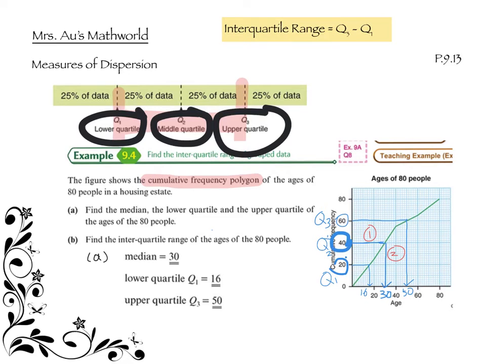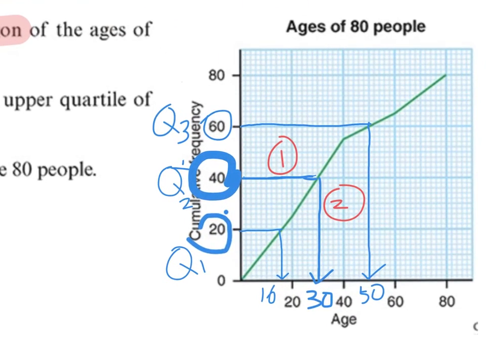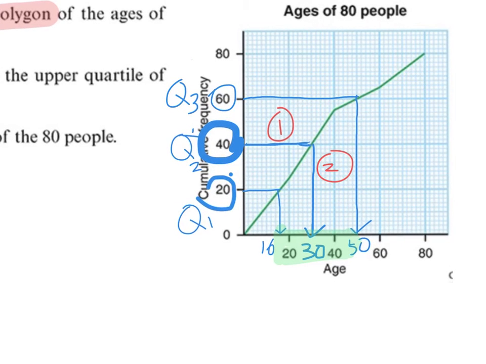So here is the result. The lower quartile and the upper quartile help us find the interquartile range. I also want to show you the meaning in the graph. This is the interquartile range, not the one in the y coordinate.